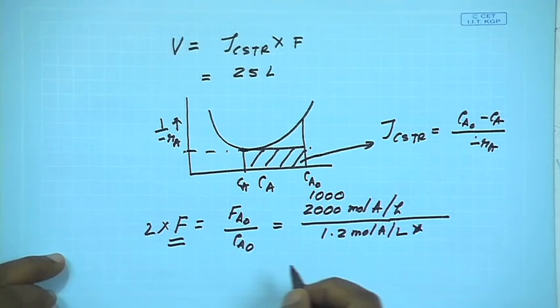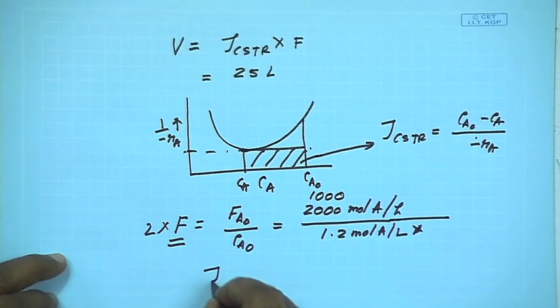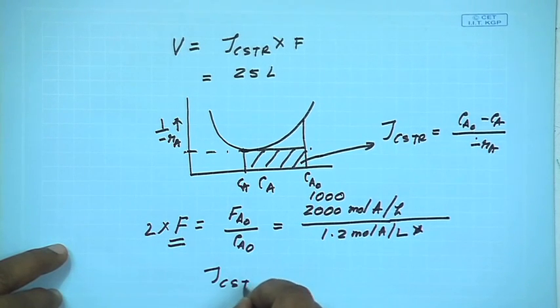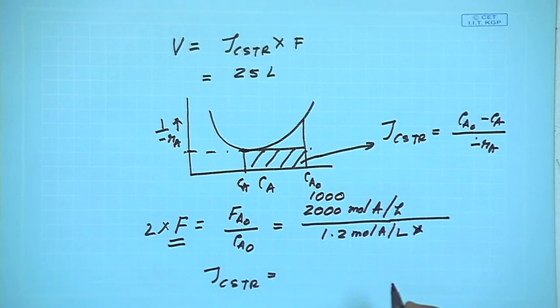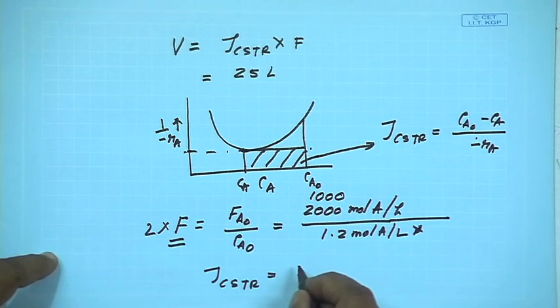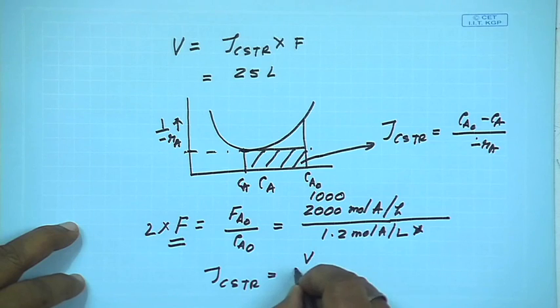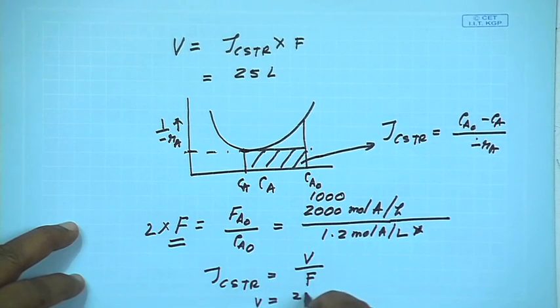So, your equation is that you have the same value of tau CSTR, same conversion. If you have the same conversion, then this is equal to V by F, then V will be 2F into tau CSTR.